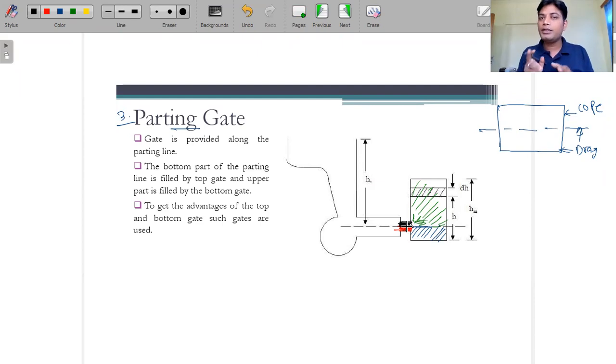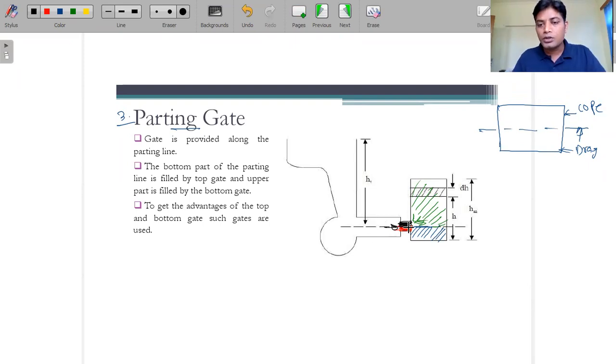But this is just an ideal assumption. When you fill the molten material, it will not think about which is red and which is black; it will come together through the whole section area.